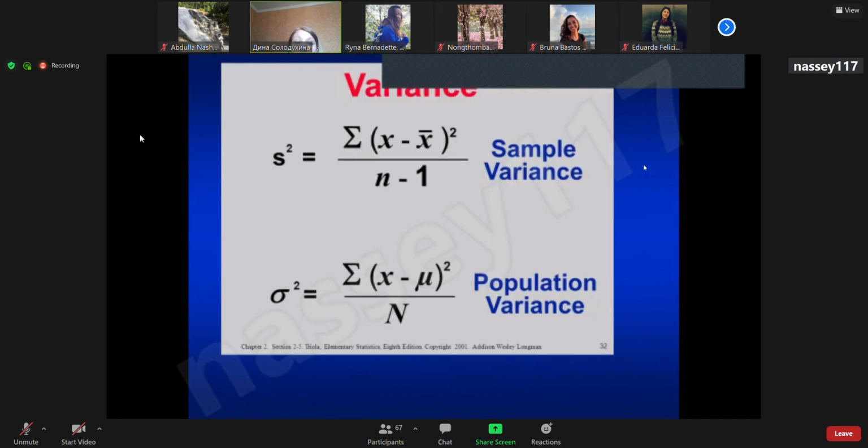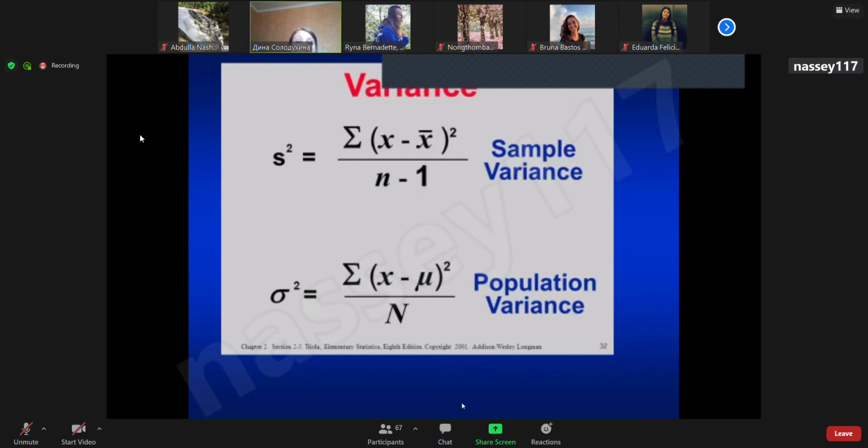The next one is variance. Variance is calculated on the basis of the deviation, what is called x minus x average, or the mean. So this is the sum of squared deviations over n minus 1. This is called sample variance.